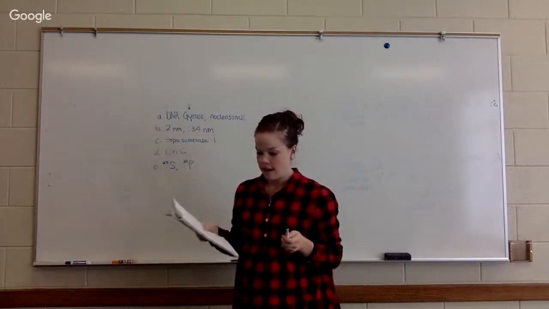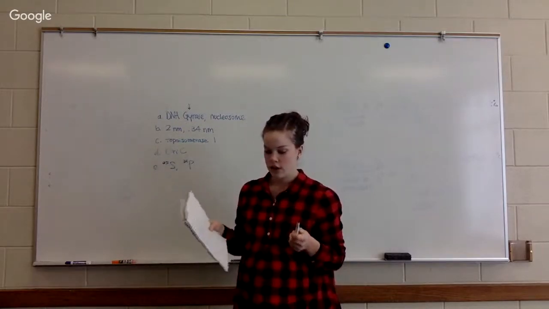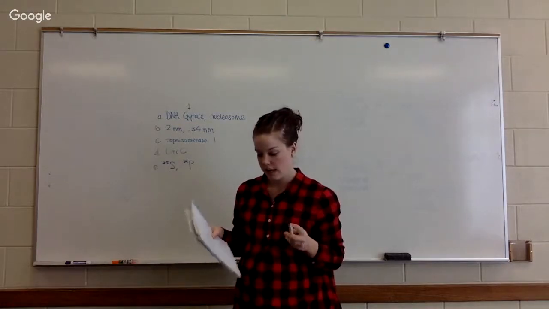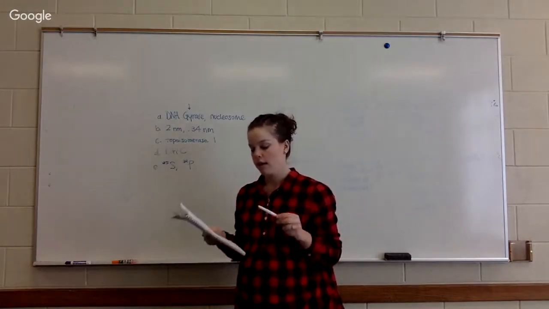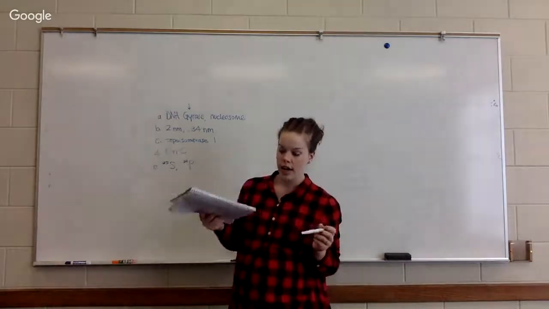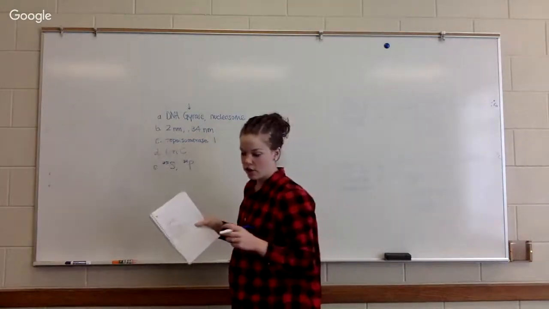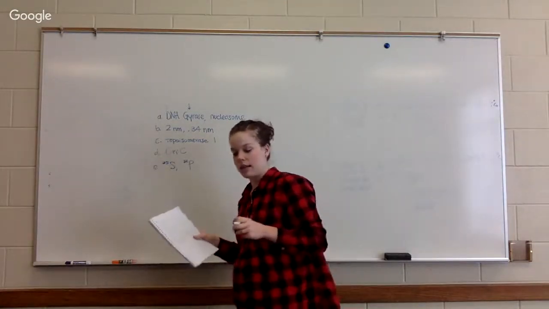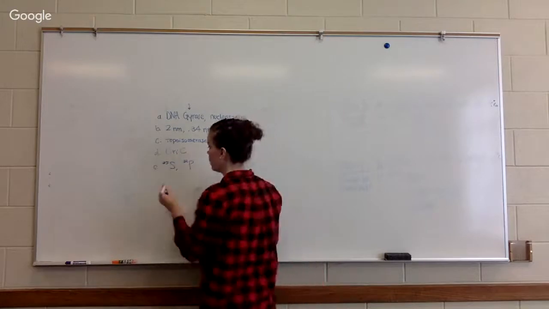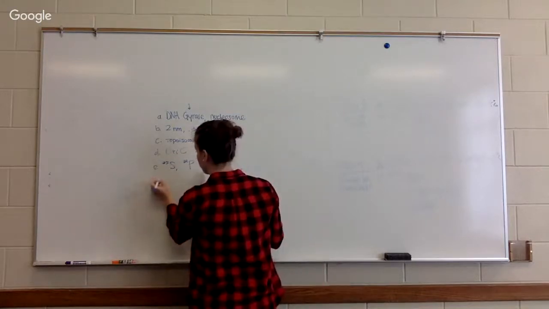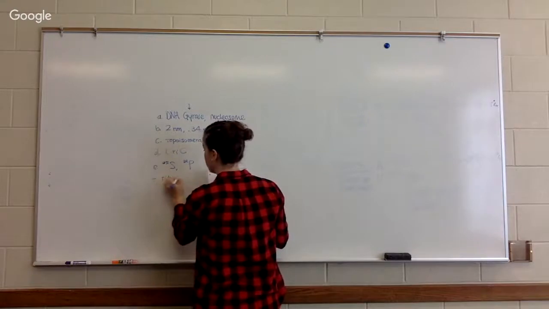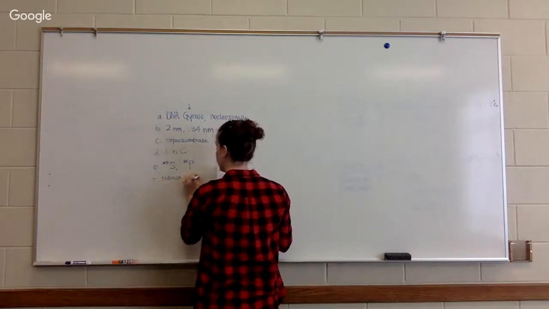And then for F, the sugar in uridine is going to be ribose because it's RNA, and the sugar in deoxythymidine is going to be deoxyribose because it's in the DNA. So ribose and deoxyribose.